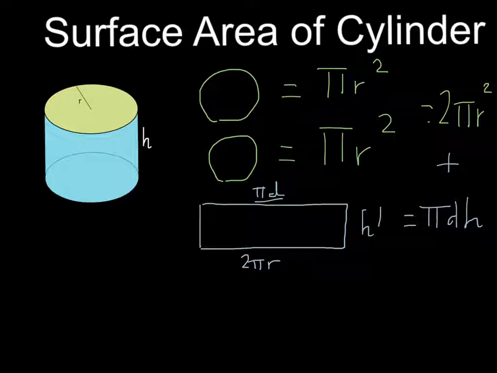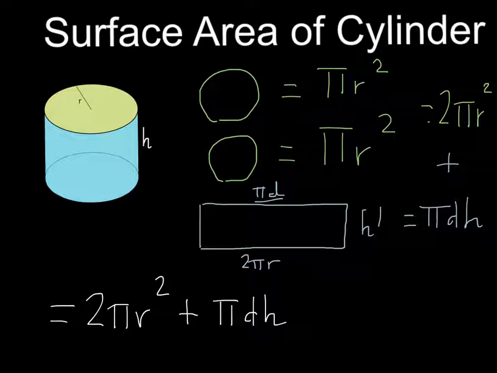Then the total surface area is adding those two together, which is equal to 2 pi r squared, the two circular surfaces, plus pi times the diameter times the height.